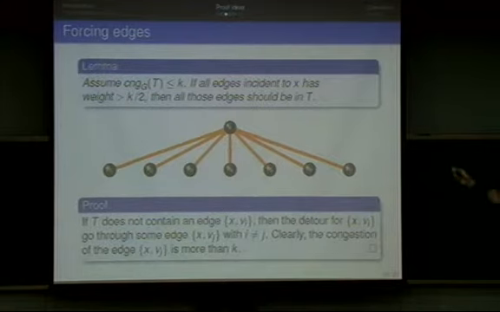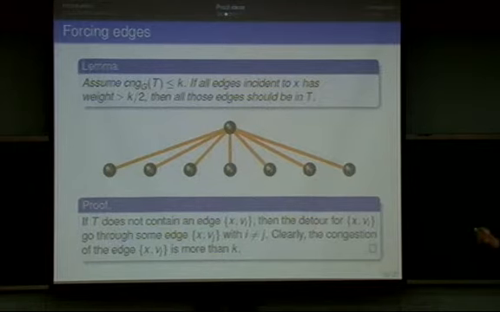If we assume a spanning tree T of a graph G has condition at most K, and also if all edges incident to X in G have weight more than half of K, then all those edges should be in T. Like this.